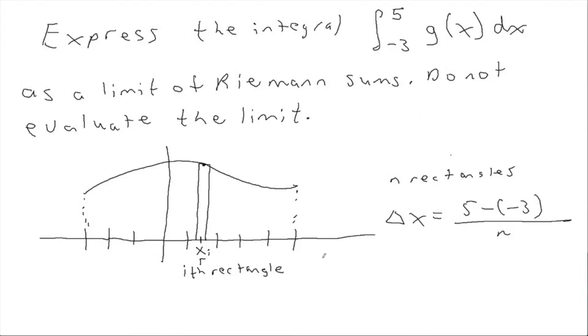So what's the name for the ith sample point? The name is xi. Right. And then how can we figure out the height of the ith rectangle?